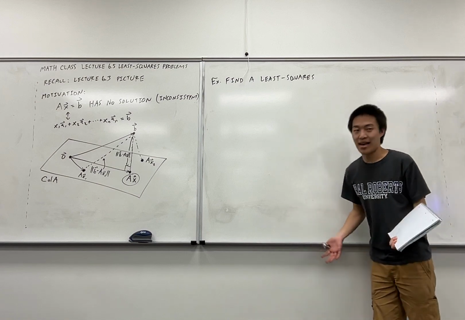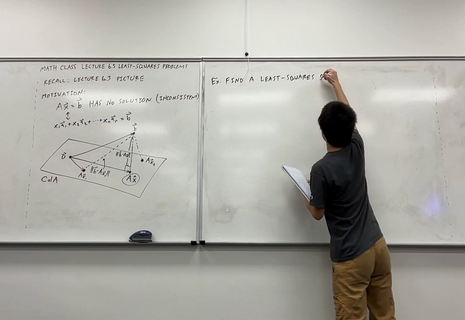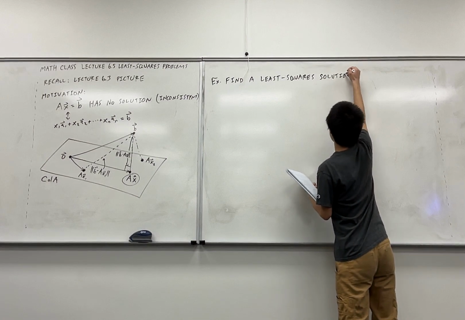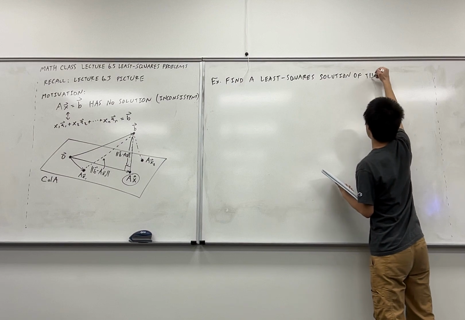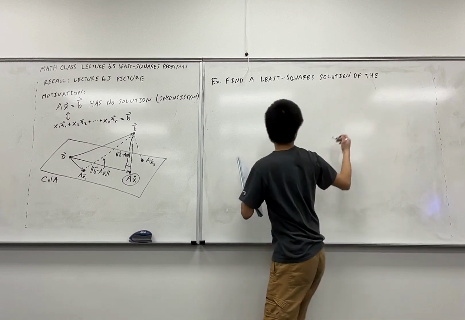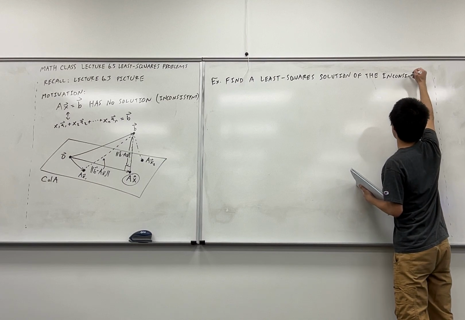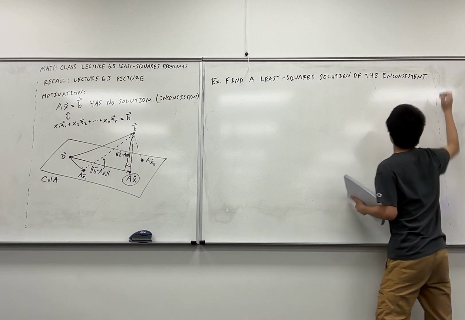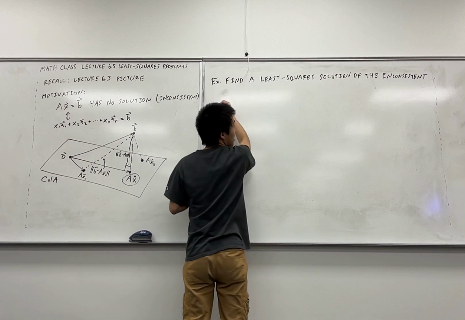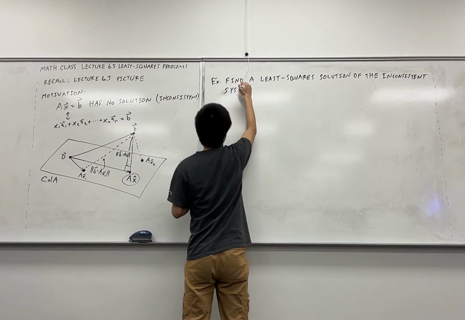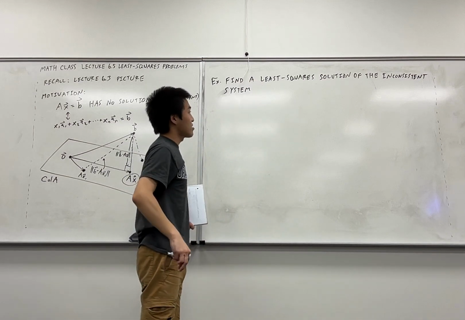So obviously it has no solutions, but we're looking for a least squares solution of the inconsistent system, which will exist. Least squares solution of an inconsistent system.